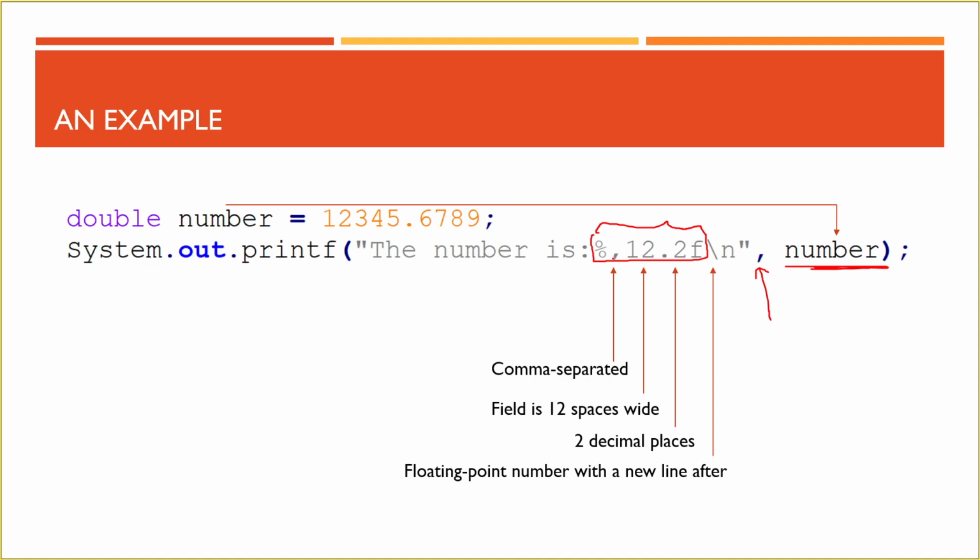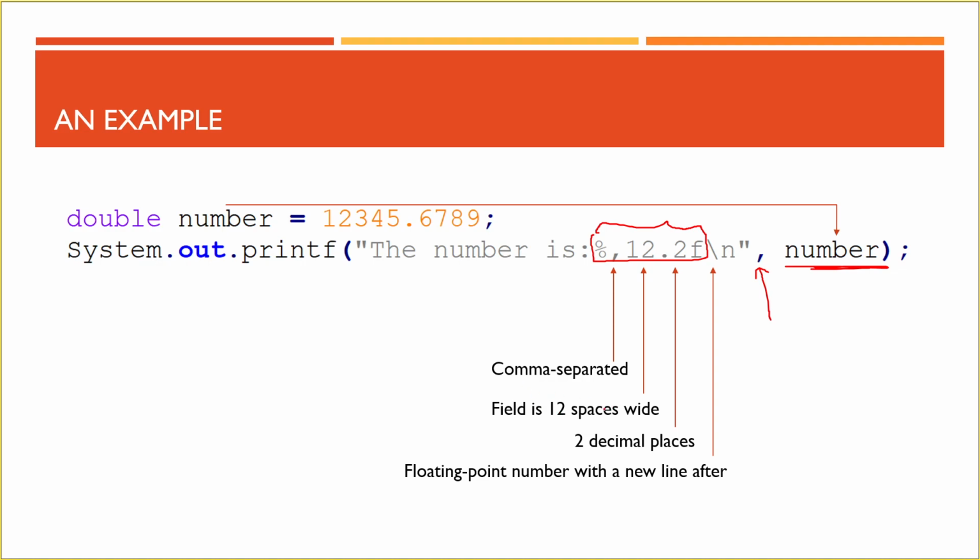Well, our flag, remember flag was the first thing after the percent sign. All format specifiers start with a percent sign. That's how Java knows it's a format specifier. So, comma separated. My flag here is just a comma symbol, which tells Java that I want this number to have commas in the thousands place.